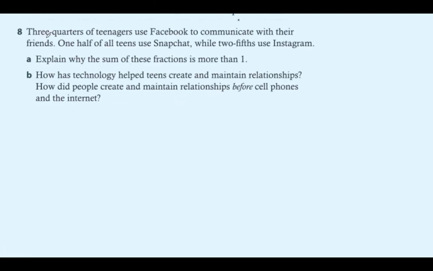Now we have question number 8, that 3/4 of teenagers, 3/4 means 3 out of 4, so 3/4 of teenagers use Facebook to communicate with their friends, and 1/2 use Snapchat, and 2/5 use Instagram. So explain why the sum of these fractions is more than 1. If we add them, obviously we will get more than 1. This is already 4, so this must be multiplied by 5.